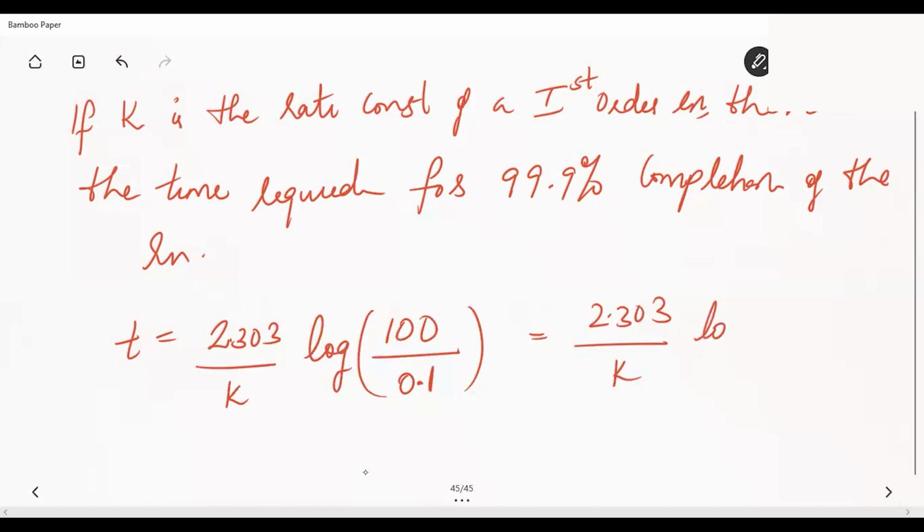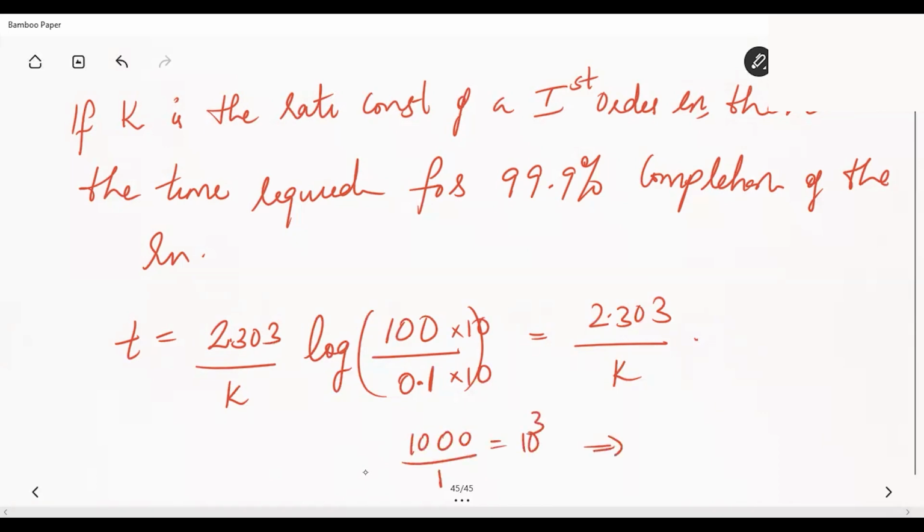So 100 by 0.1 is equal to what? How will you make it? Let us do 100 and 0.1, right? So you have to remove this 0.1. What you have to do is multiply both denominator and numerator by 10. So here you will be getting 1000 over 1. 1000 means 10 cube.